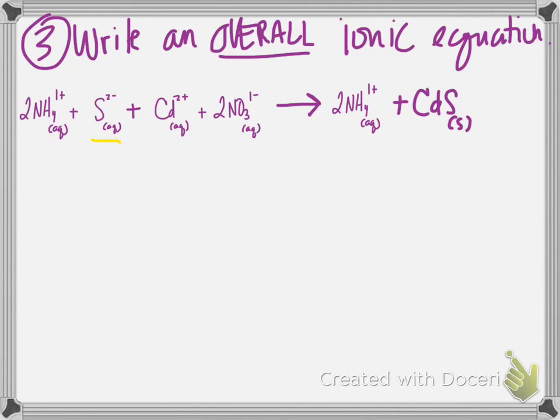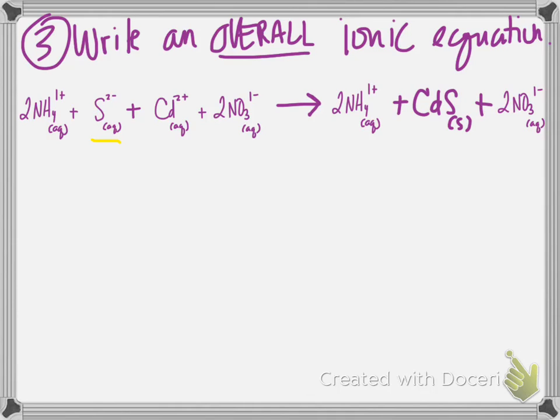And then what else is left just sort of drifting around in the mists over here? Yeah, the nitrate ions. Just floating around, not really doing anything, just hanging out. So this is our overall ionic equation. And what it shows is all the ions that you threw into that soup of ions in the beginning.